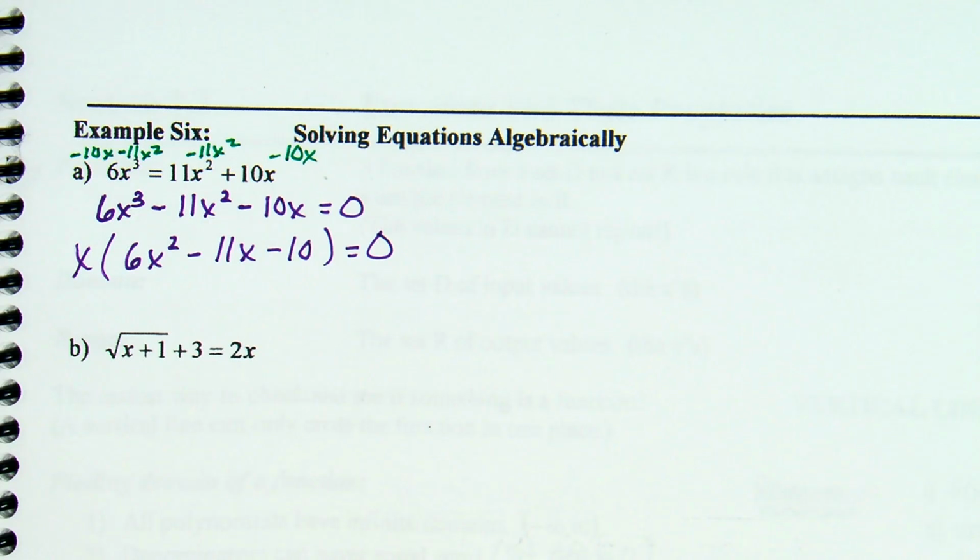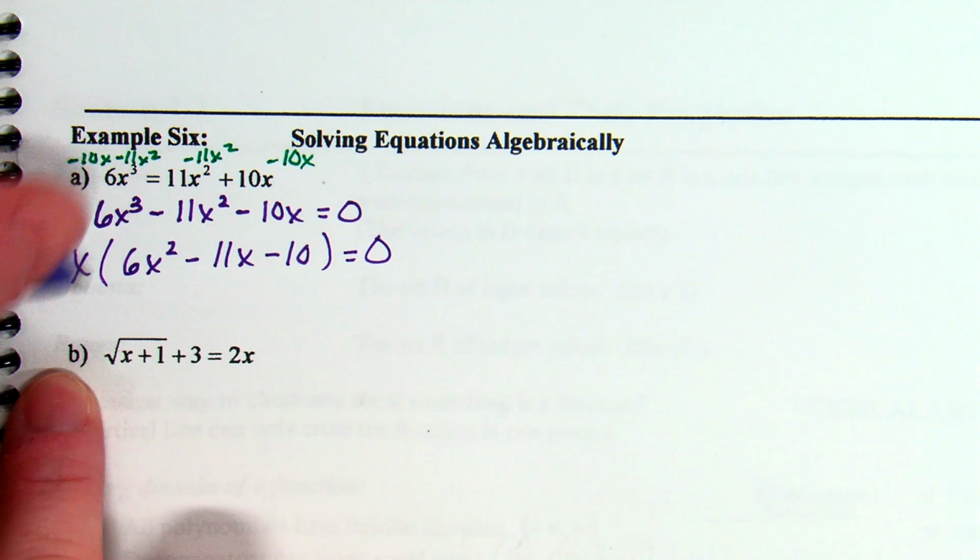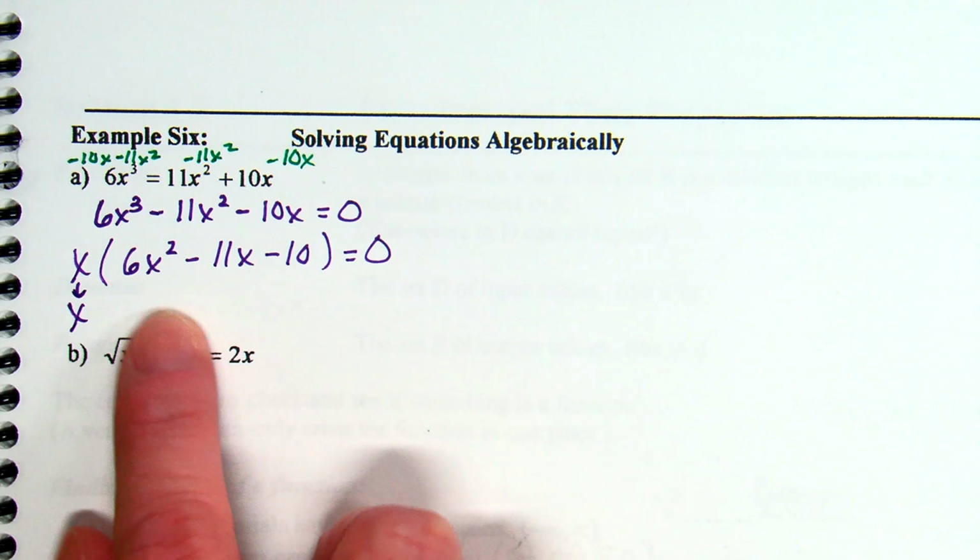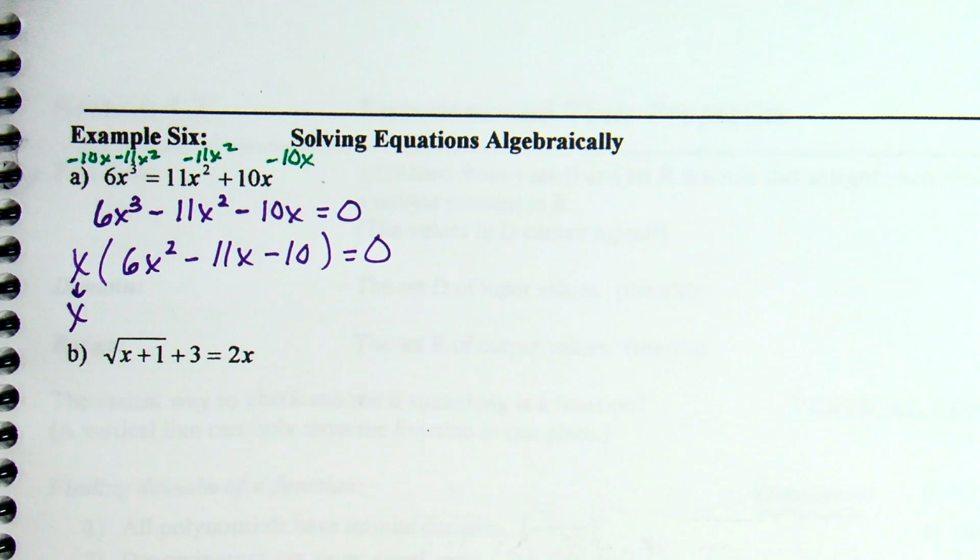Okay, so we factored out x. Can we continue to factor? If it factors, what method am I using? In other words, based on the fact that x is just outside, that x carries down. What about 6x squared minus 11x minus 10?